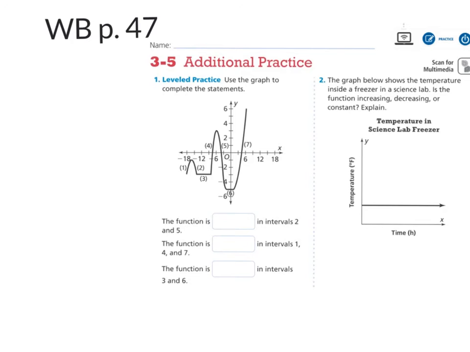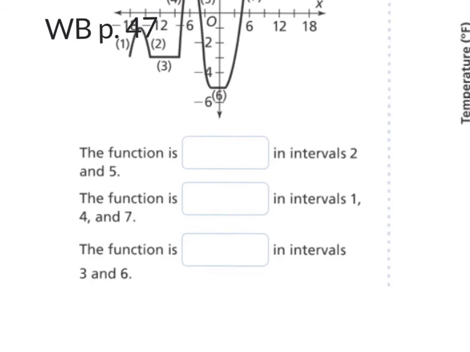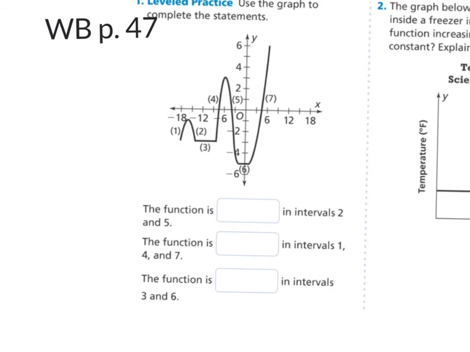So if you look at the first box here, intervals 2 and 5. Both of those intervals, 2 and 5, we can see are going down, and so those are decreasing. The next box we've got is with intervals 1, 4, and 7.